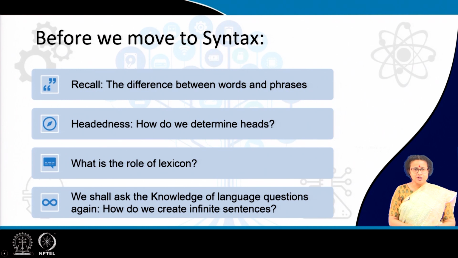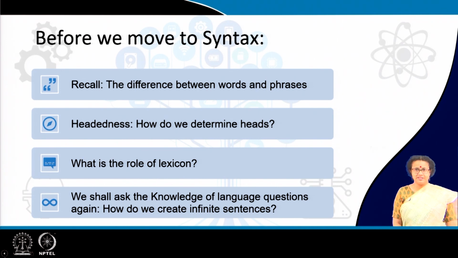We did talk about headedness, and I told you that the notion of headedness will be useful in syntax as well. So, how do we determine heads? If you remember, we talked about the concept of constituent, which is something like NP or VP, and then there is a very prominent person inside a constituent who is sitting there and controlling the entire part.